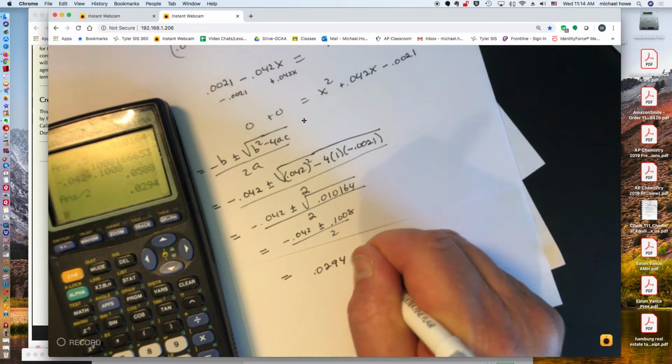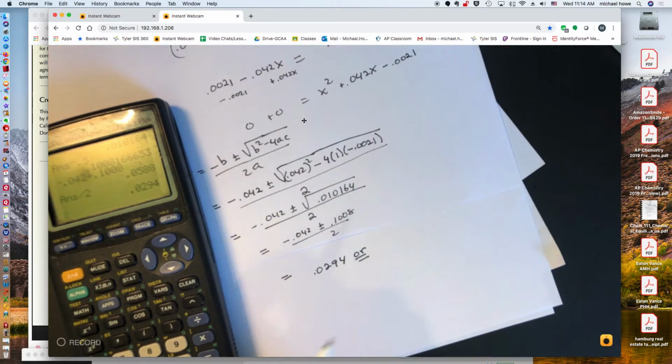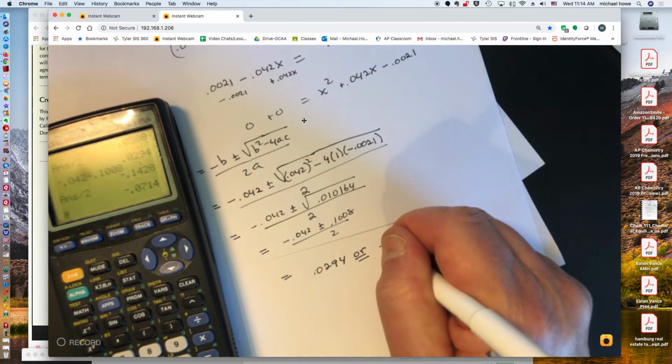Or, there's another answer here because it's plus or minus, so I have -0.042 minus 0.1008 equals, and then divide that by 2, and I get -0.07.